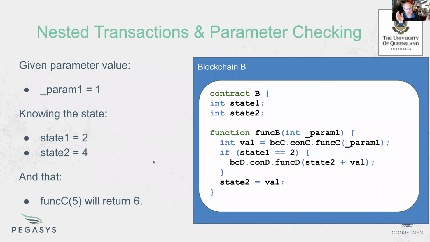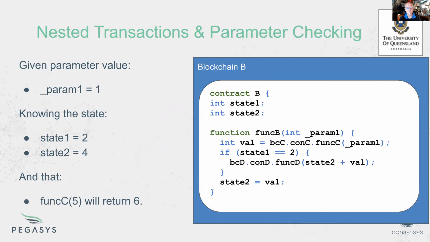And when the transactions are created, you need to know the values that the functions are going to be called with. If you imagine, say, function B here, which calls function C and function D, then if you know that parameter 1 is going to have the value 1, and you know the current state of that blockchain, then you know that function C will be called with a value 5.